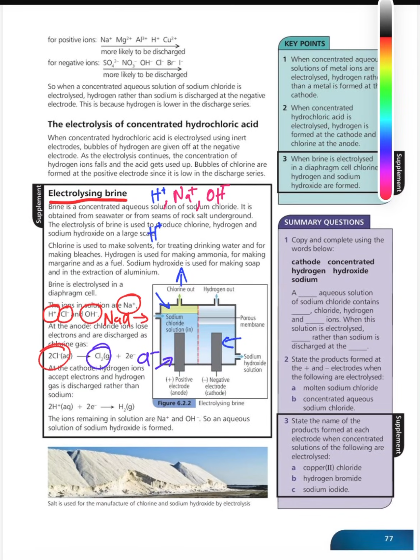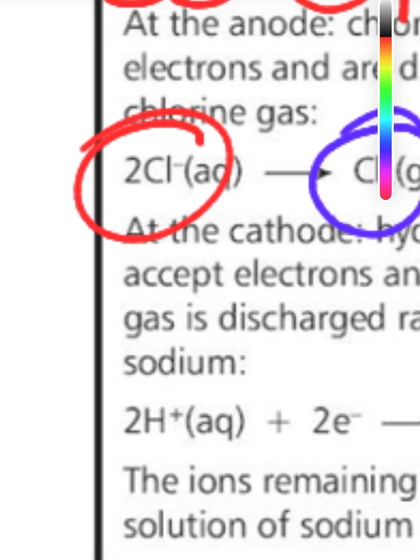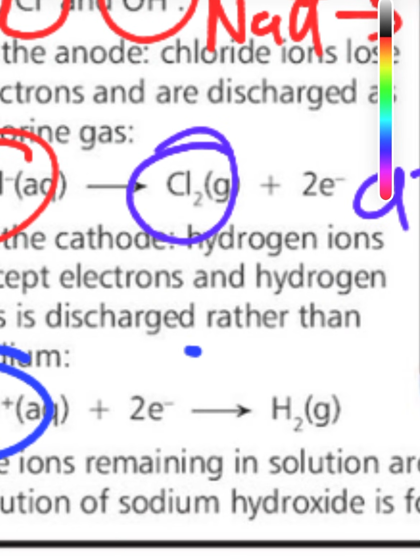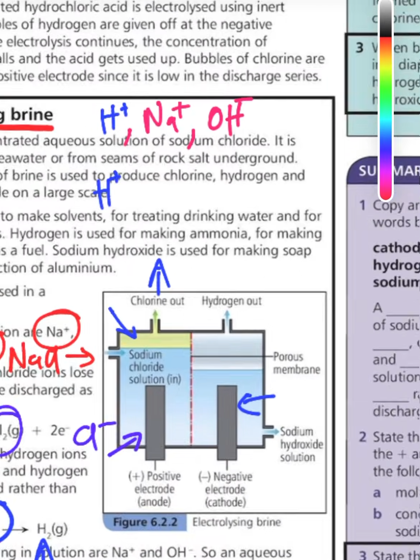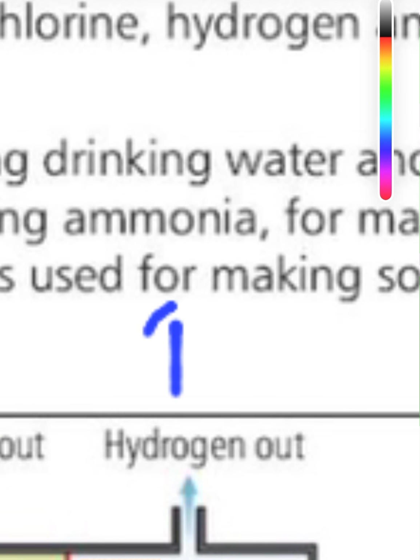When H plus is discharged, it will gain electrons at the cathode. When it gains electrons through this process, hydrogen gas is formed and is let out through this pipe here.